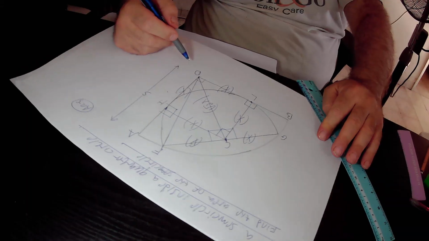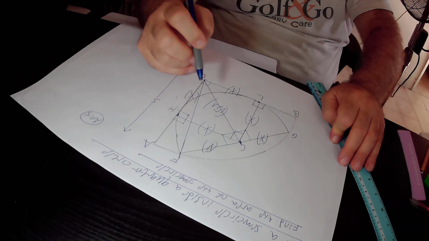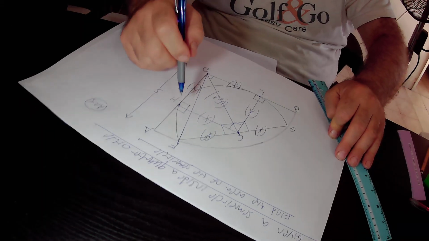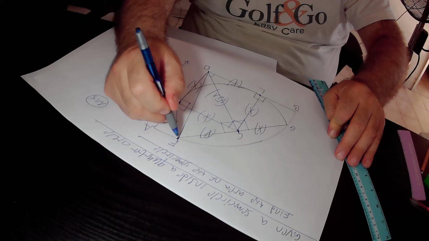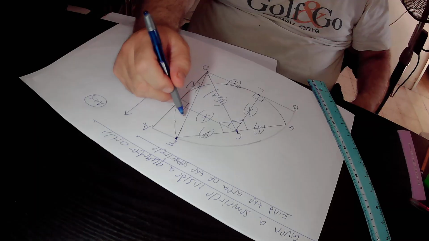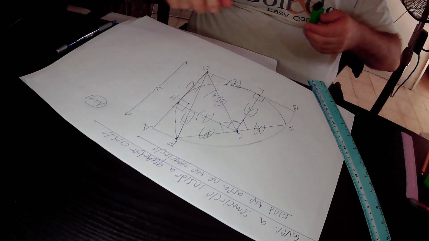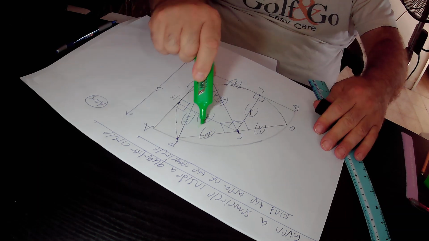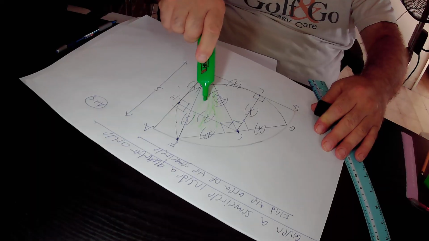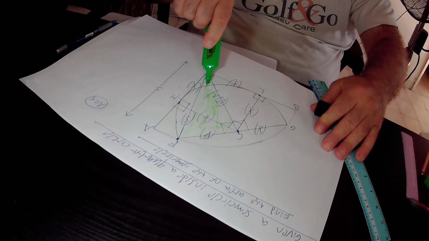Line segment OF starts from point O, the center of the quarter circle, and ends at point F, a point on the quarter circle itself. So this is exactly the definition of a radius. Therefore, OF is the radius of this quarter circle, equal to 5 units in length. In the next step, I'll copy the right green triangle CFO onto a new page, and we'll implement the Pythagoras theorem on this triangle CFO.